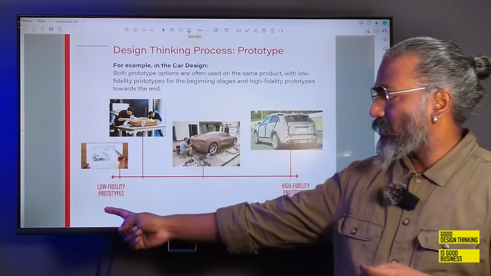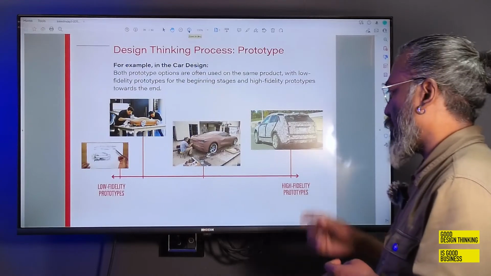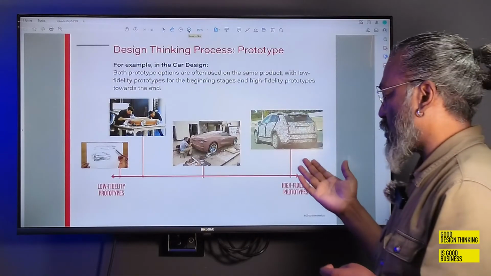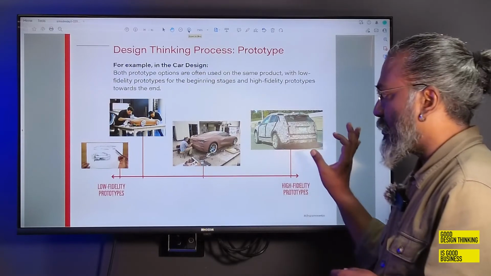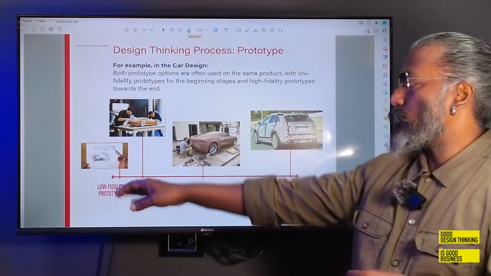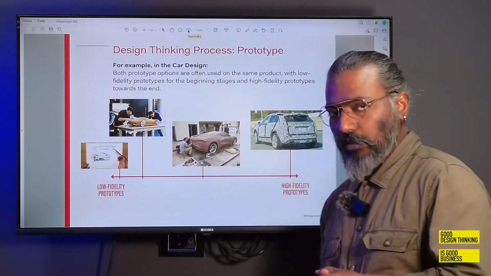If you look at it, it goes from a low fidelity to the highest fidelity prototype. Obviously, it needs engineering intervention and a whole lot of things, and it's costly compared to your sketching, your miniature or your clay model.